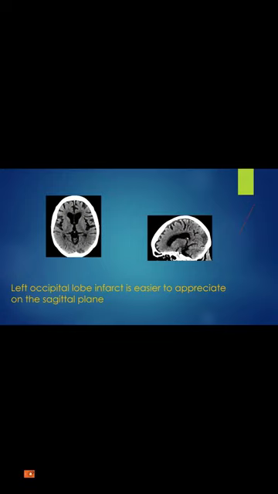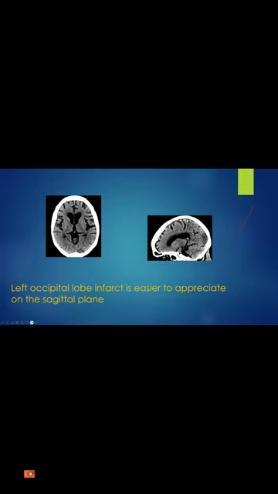Here, again, an occipital lobe infarction. When you look at the sagittal, you can better see that hypodensity compared to looking at the axial.